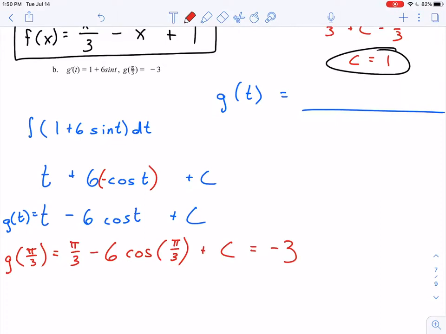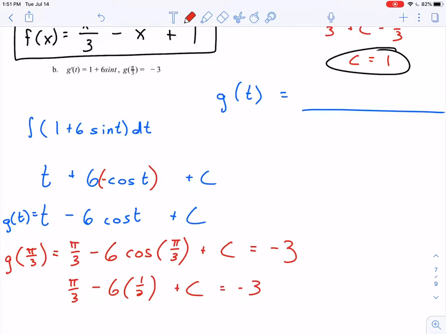Let's see, pi over 3, that's not really going to simplify. So let's just leave that as pi over 3 for right now. Minus 6, here I need to look at cosine of pi over 3. Pi over 3, let me think for a moment. That's in the first quadrant. That is the same as 60 degrees, the x-coordinate there. That should be 1/2, plus c is equal to negative 3.